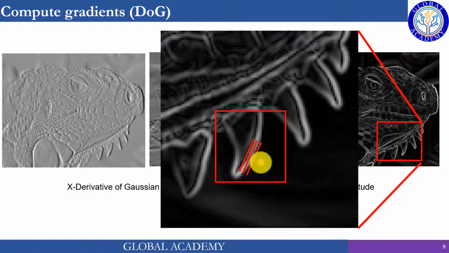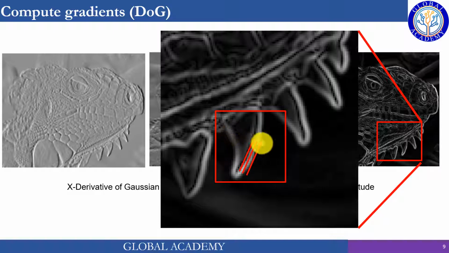So we will apply some algorithms to make these edges more prominent, like a brighter white line of pixels. The algorithm must be very robust and efficient so that it can preserve even these lighter pixels.